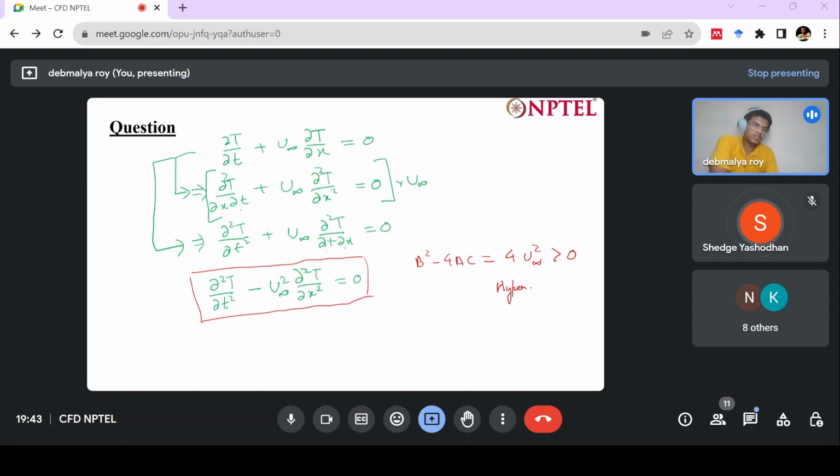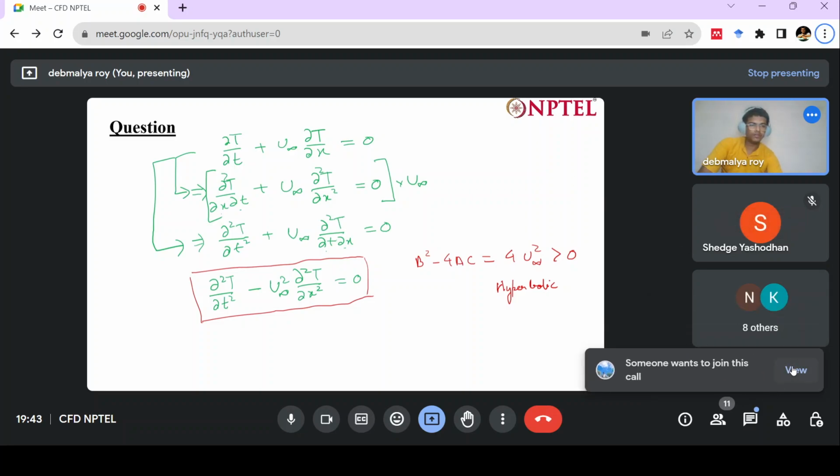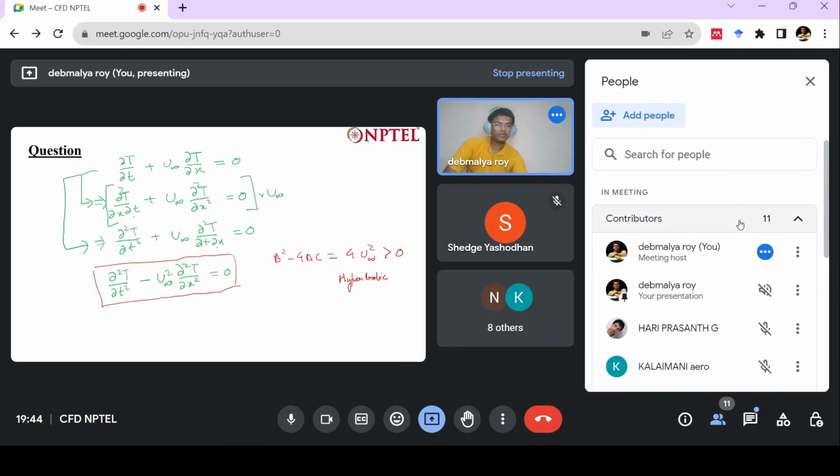There is a speed at which the information will propagate through the medium.